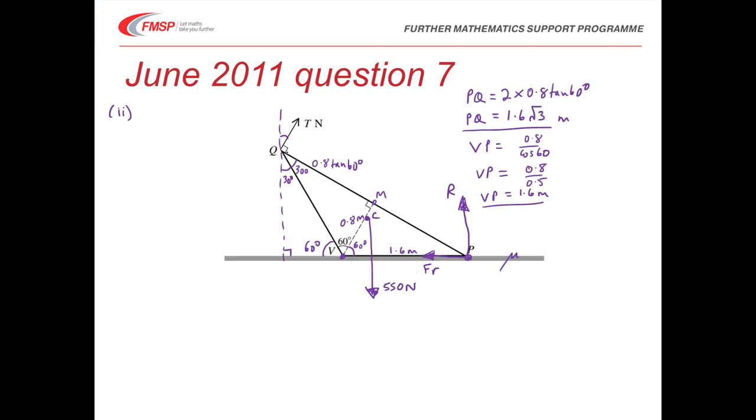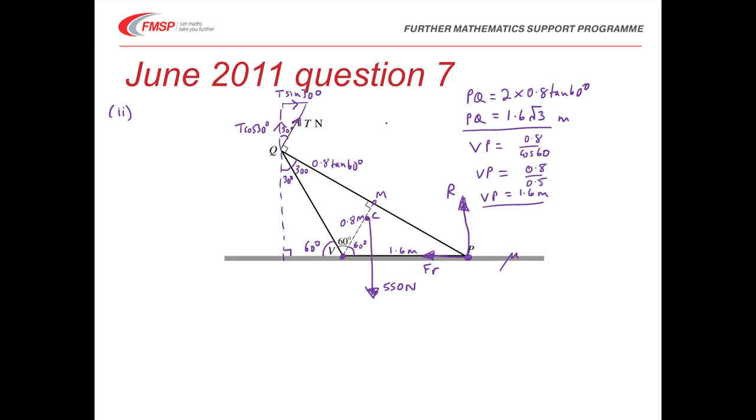And because we have a right angle between PQ and the force T, that only leaves 30 degrees, so there's 30 in there. I'm doing that because I want to find components of this tension force. The one up here will be T cos 30, as T is next to the angle, and the component there, T sine 30 degrees.